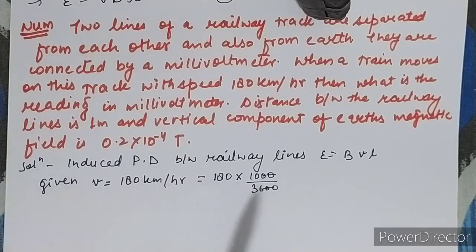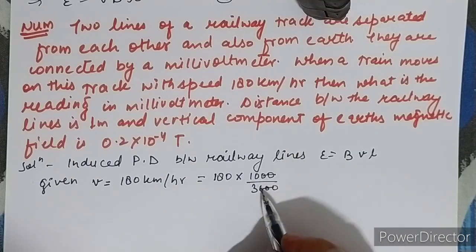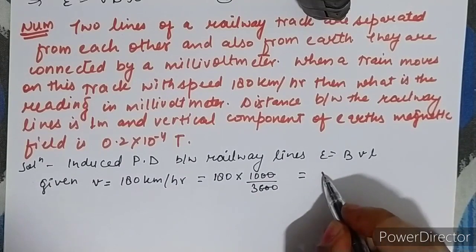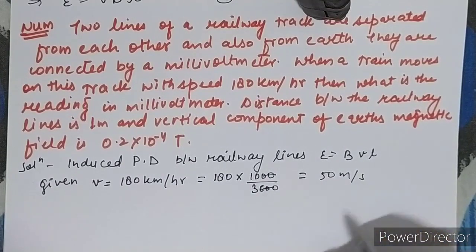Simply remember, when you have to convert kilometer per hour into meter per second, multiply the value by 5 upon 18. So the solution will be 50 meter per second.